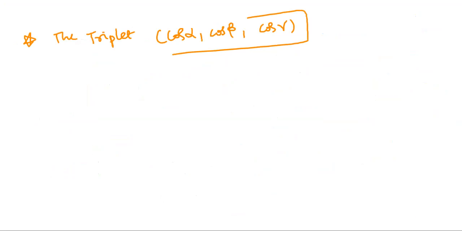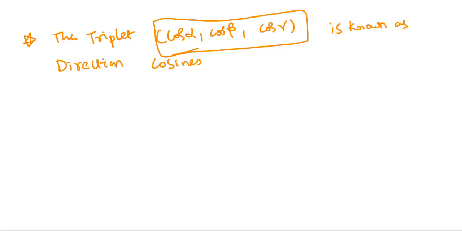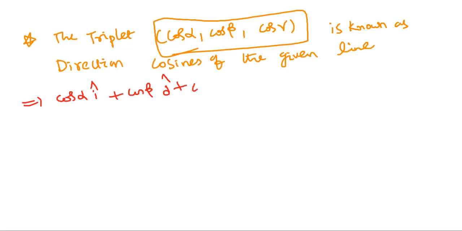The ordered triplet cos alpha, cos beta, cos gamma is known as the direction cosines of the given line. And I'll show you that this vector cos alpha i cap plus cos beta j cap plus cos gamma k cap is a unit vector.